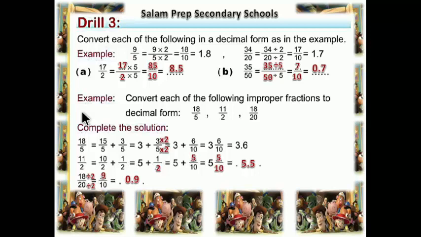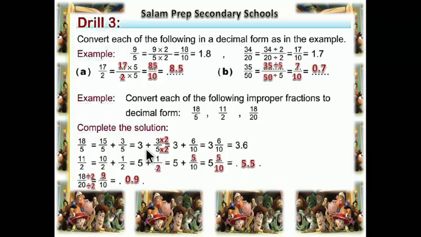Another solution for another example. 18 over 5. This is an improper fraction. We can convert the improper fraction to a mixed number as follows. 18 over 5 equals 15 over 5 plus 3 over 5. 15 divided by 5 equals 3, plus 3 over 5.